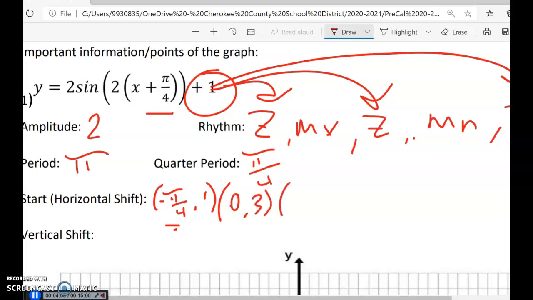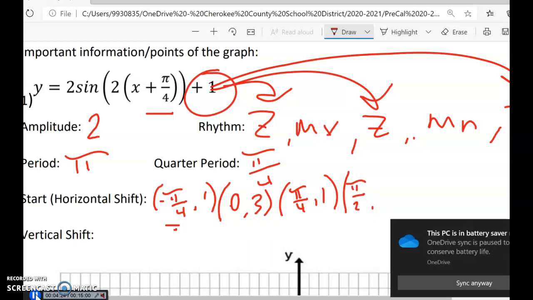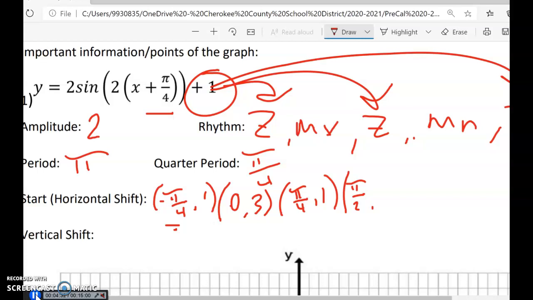Then I need another 0, so 0 plus pi over 4 is a positive pi over 4, and that's also going to be at 1. Then I go another pi over 4, which puts me at pi over 2, and that's going to be at my minimum, which will be 1 minus 2, which is negative 1. And then my last 0, another pi over 4, would be 3 pi over 4, and back to a positive 1.